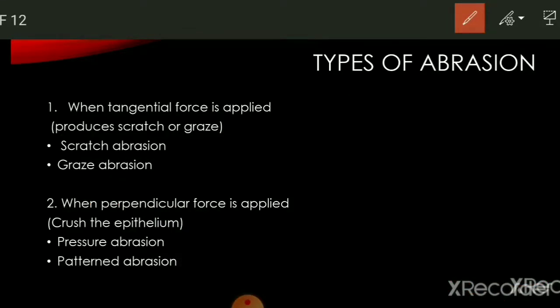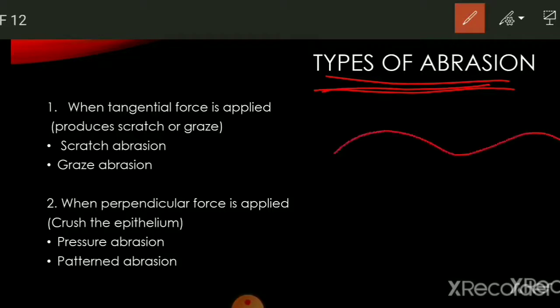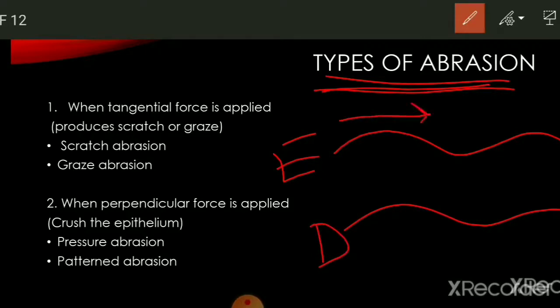Now, having discussed a few basic points about abrasion, let's talk about the types of abrasion. Basically, there will be two forces applied. Here is the epidermis and here is the dermis. If the force is applied in this manner, this is the tangential force.